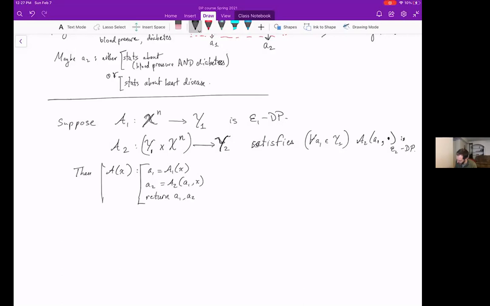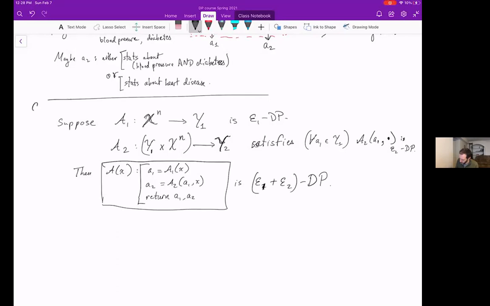Okay, so this algorithm is itself differentially private, and its privacy parameter is at most, it's like the loss of privacy, the degree to which it satisfies differential privacy is bounded by epsilon1 plus epsilon2. Might be better than that, but it's never worse than epsilon1 plus epsilon2.